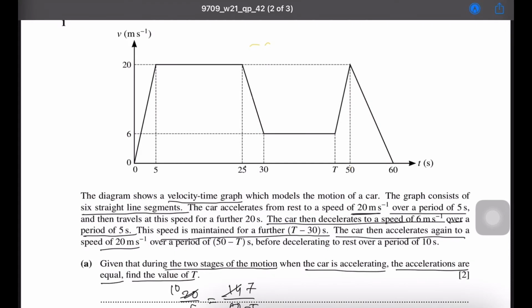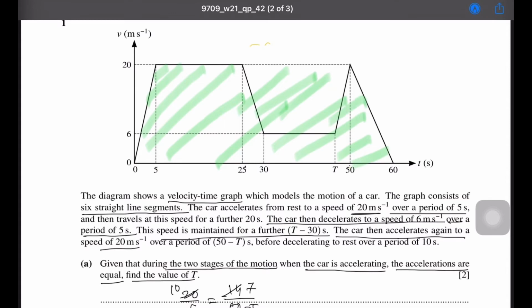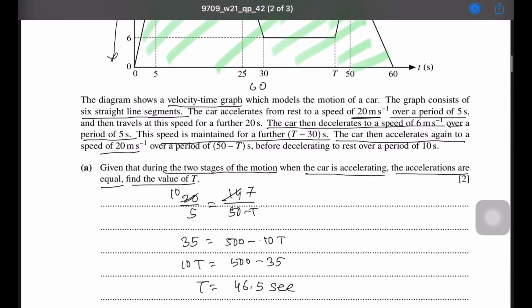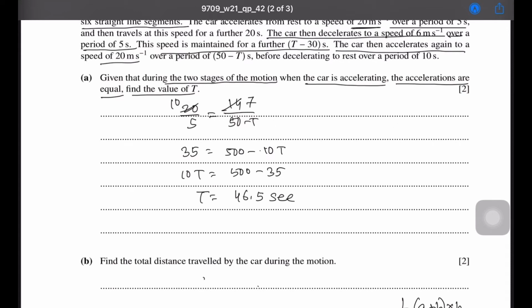That means we can find out the area of this whole shape. Total length is 60 and upper one is 50 minus 5, 45, and then this is 20. So the total area of this shape is 60 plus 45, into 20, into half.